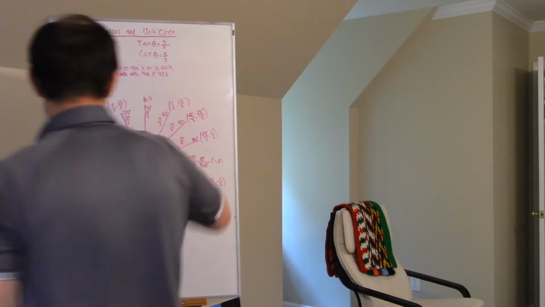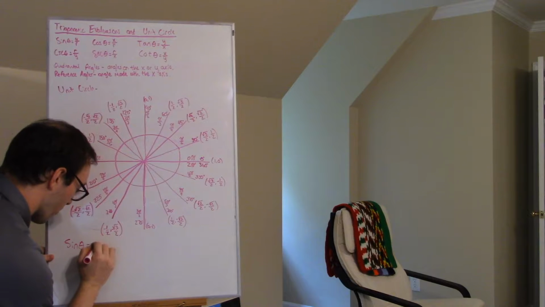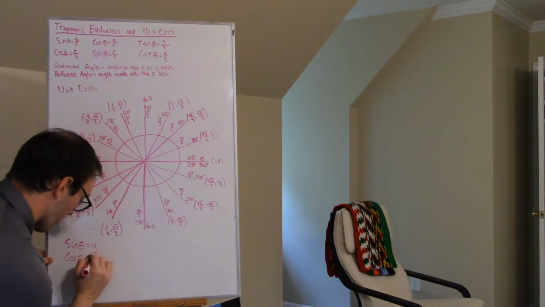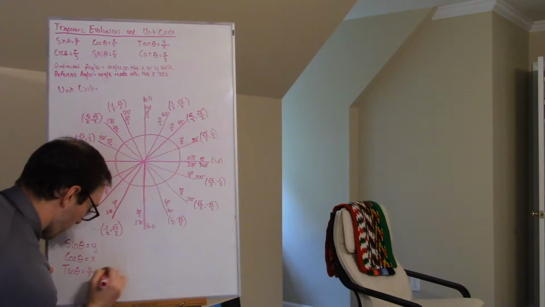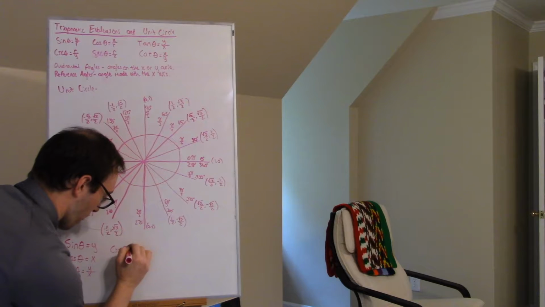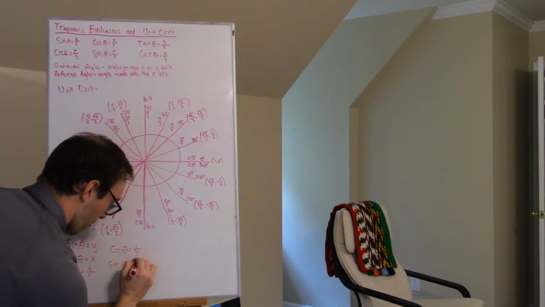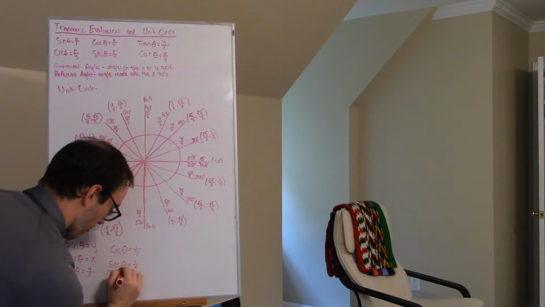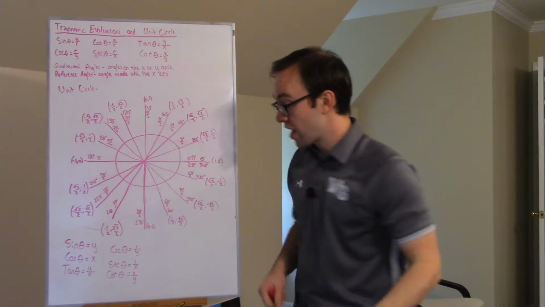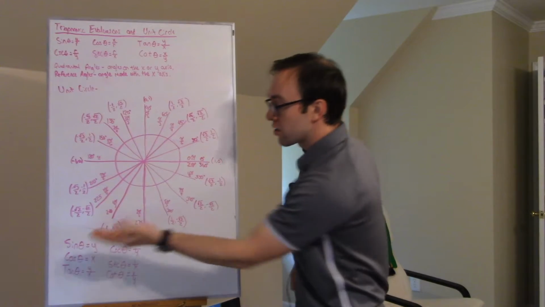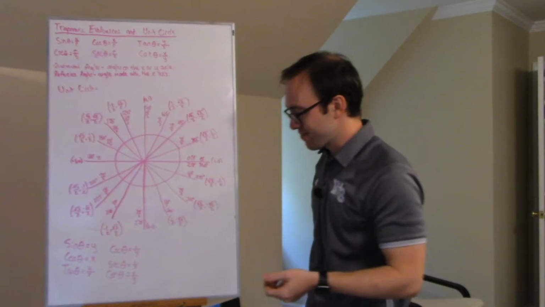So if you think about these formulas from the top, they become: sine of theta is y in the unit circle, cosine of theta is x in the unit circle, and then tangent is still y over x.